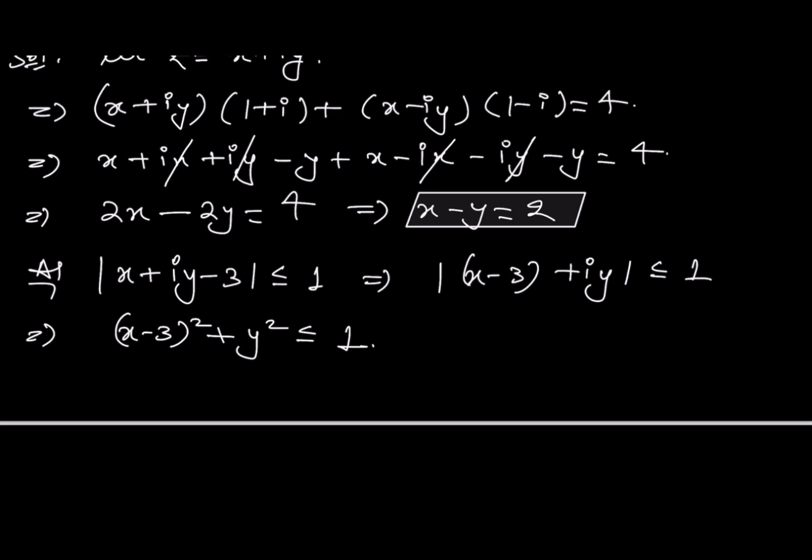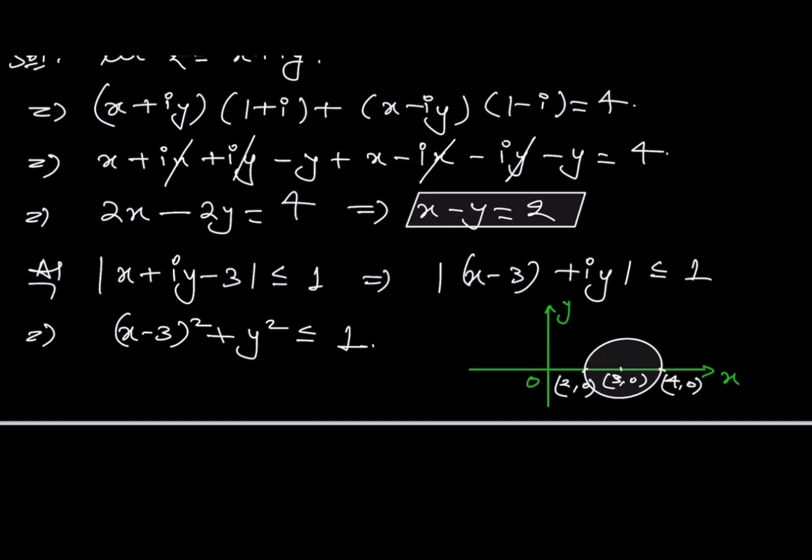Now if I draw these two figures, that is a line and a circle, it will be looking like this. Circle is this, right? Center is 3, 0 and radius is 1. So this point is 4, 0 and this is 2, 0.